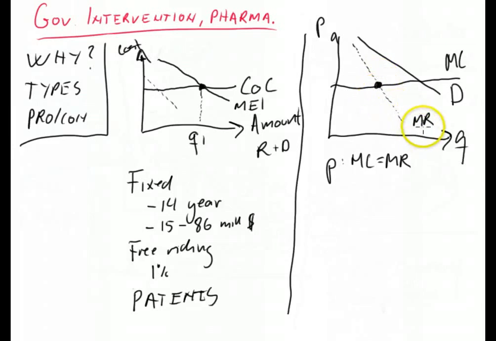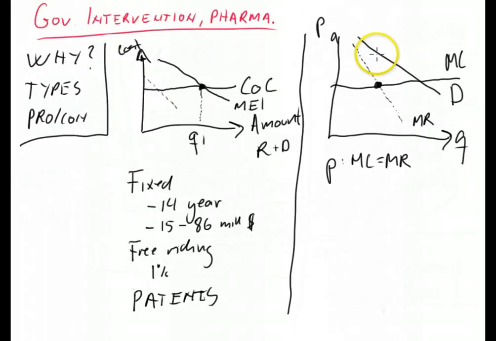Why is marginal revenue here? That's an interesting question. It's because when you're a monopolist, in order to sell more, you have to reduce the price. But you can't reduce the price on only the last product you're selling, unless you can do price discrimination. But let's assume you can't do that.